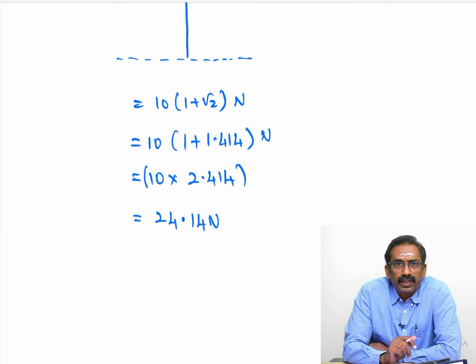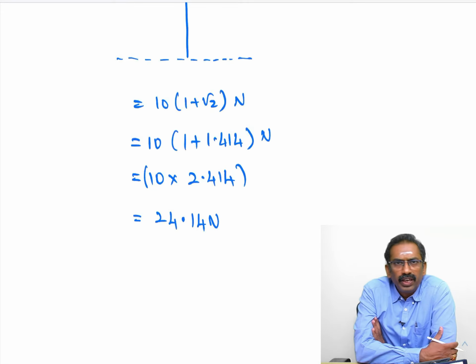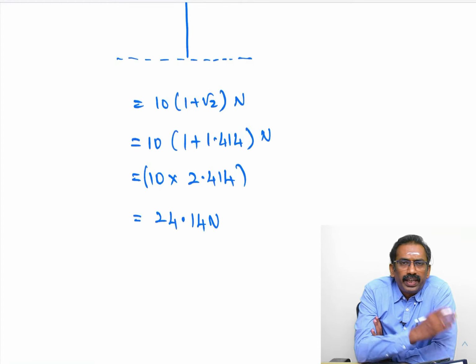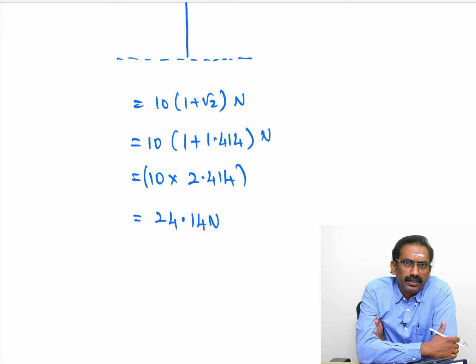So, already I taught a concept, some tips. If two vectors of equal magnitude act at an angle theta, then resultant. 5 cases we have learned. If theta is 0, 60, 90, 120 and 180.